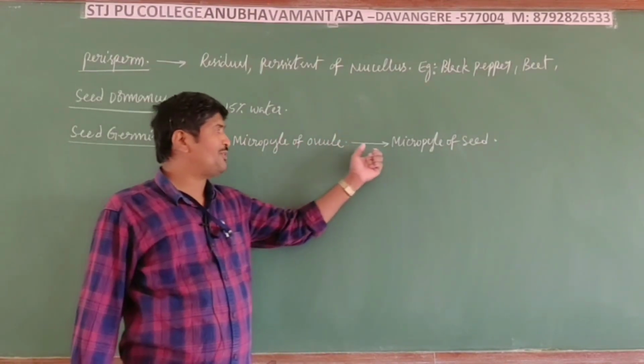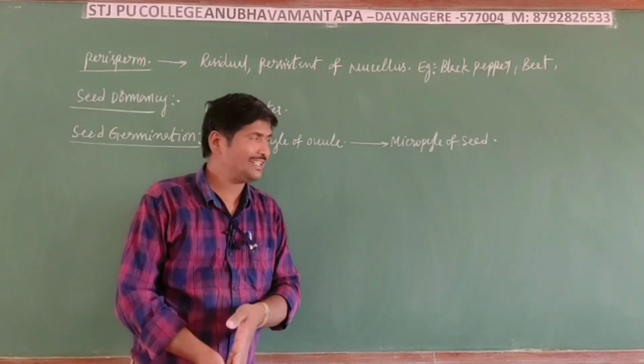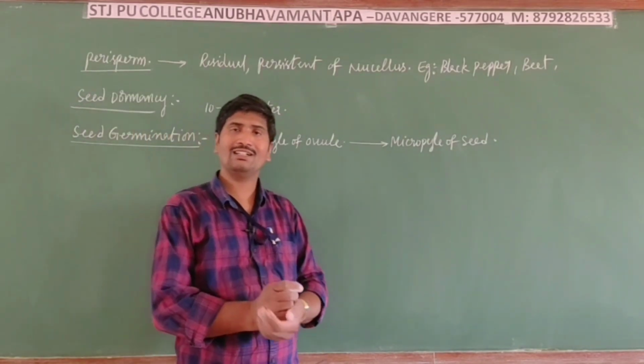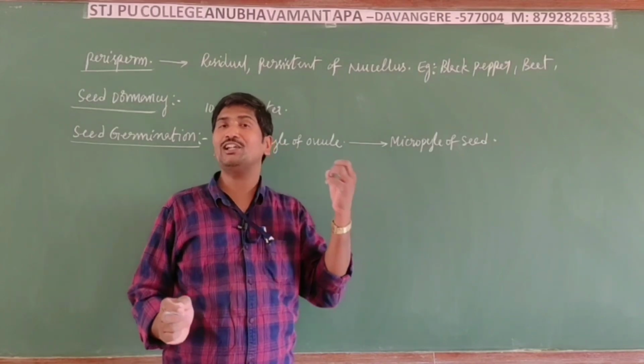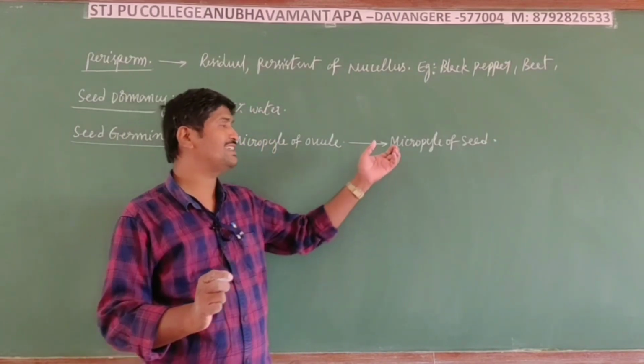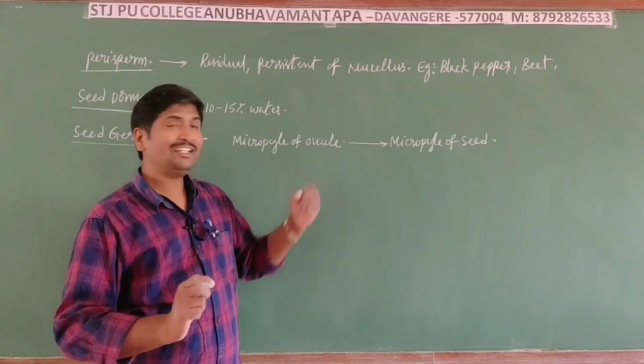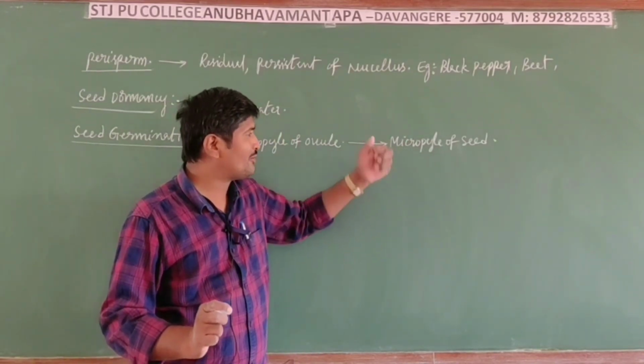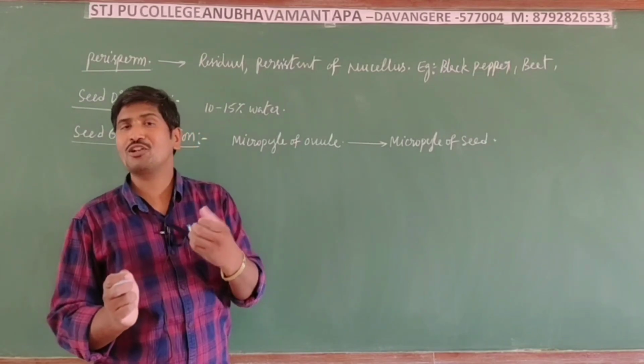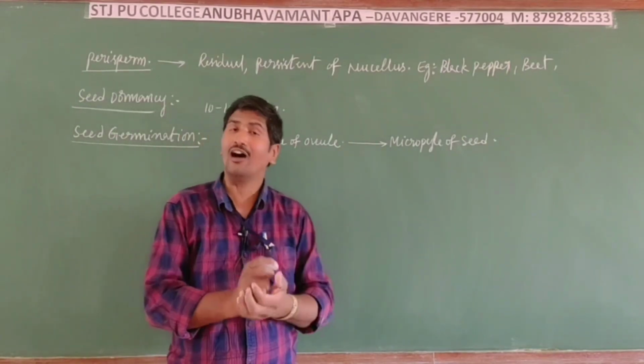What is the main function of the micropyle of the seed? The micropyle of the seed is the main site of absorption of water and oxygen during seed germination.